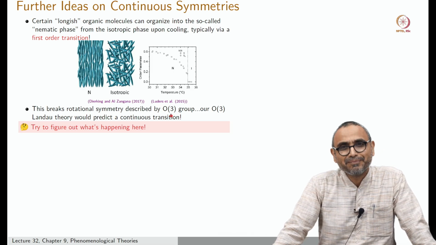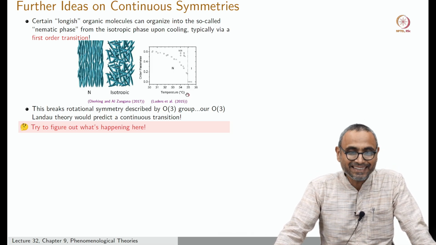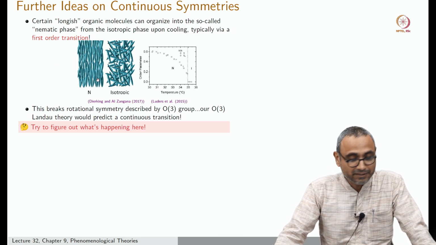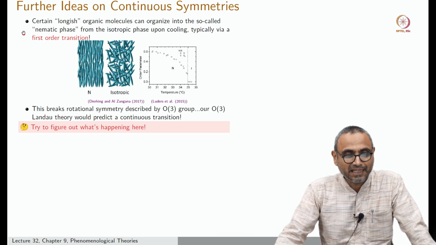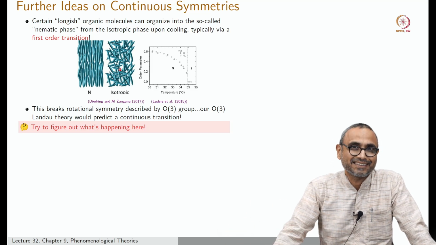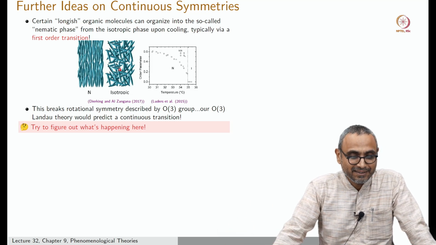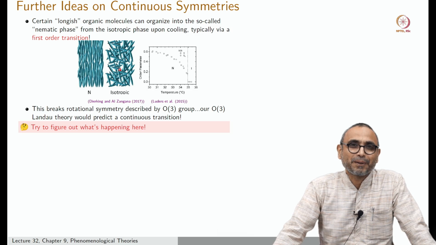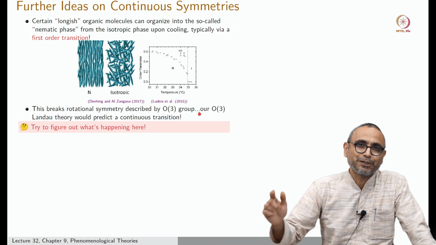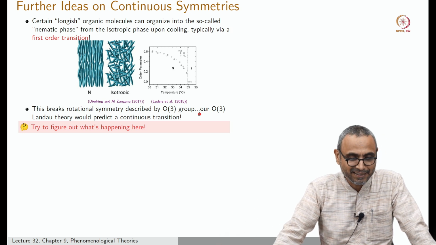So how come here, generically in a variety of such crystals, liquid crystals, and such longish organic molecules, you will find first order transitions? You should be puzzled by this, right? Because this is not agreeing with what we did. We said O3 symmetry, we can use a vector and we can get the answer.